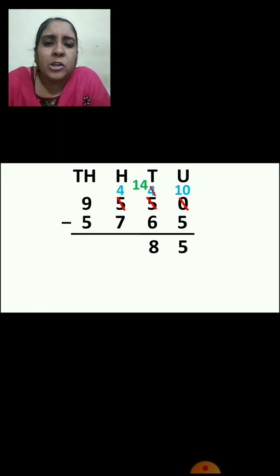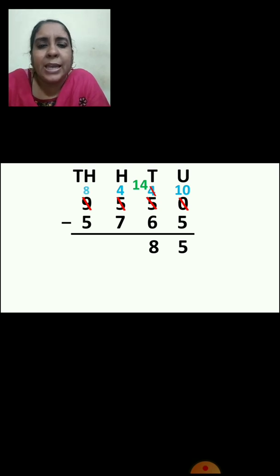Now we will go to hundreds place. Now you cannot subtract 7 from 4 because 4 is small. So again you have to borrow. You will go to thousands place and borrow from there. So you will cut 9. 9 minus 1, how much? 8. 8 will remain in thousand place now. Now you can take 1000 to hundreds place.